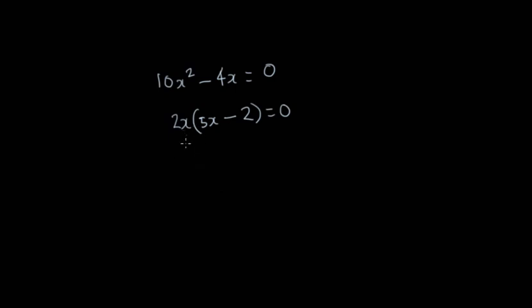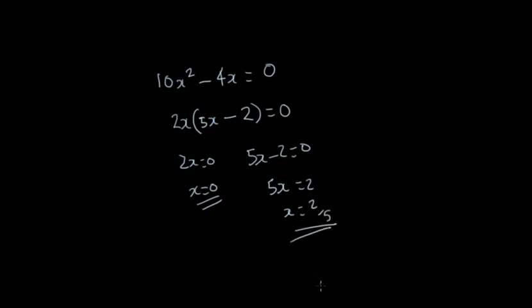And so 2x equals 0, so x must be 0 as a solution. Then 5x minus 2 equal to 0, so 5x equals 2, x equals 2/5. That's a solution as well.